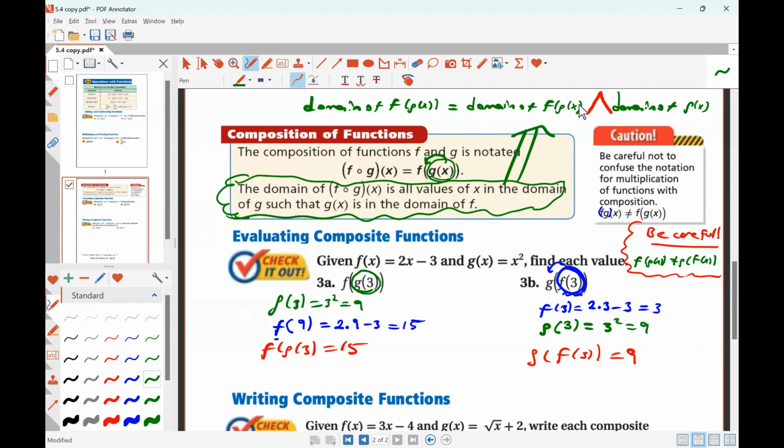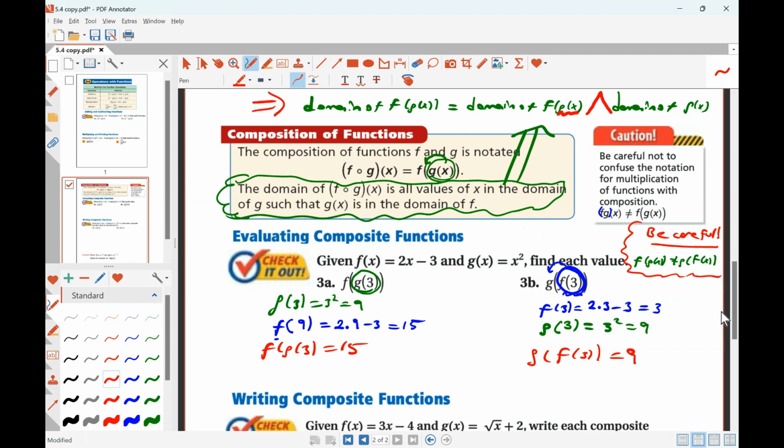Our inside function here is g of x. So it is not enough to find the domain of the result only. We need to check the inside function too. If there is any restriction, we have to be careful about it. So we take the intersection between the inside function and the result. So that's how you find the domain.